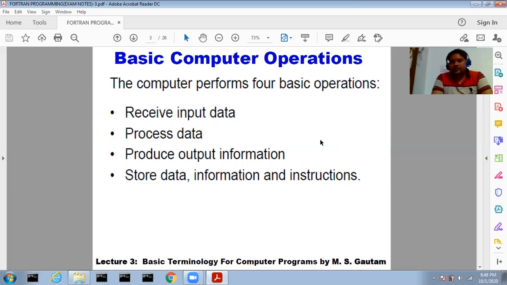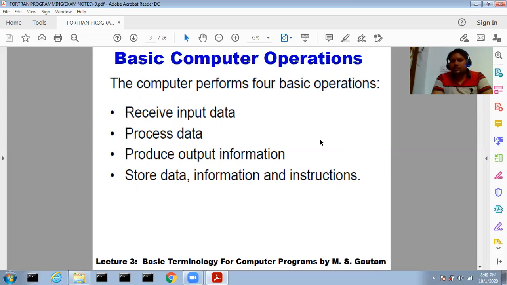These are: receive input data, process input data, produce output information, then store the data, information and instructions in its memory.